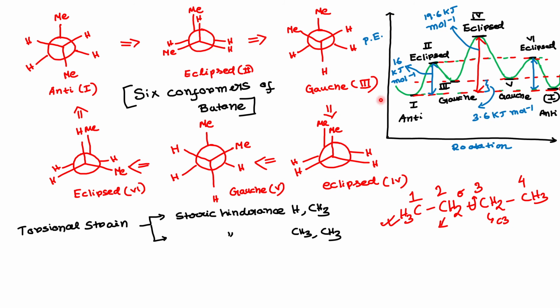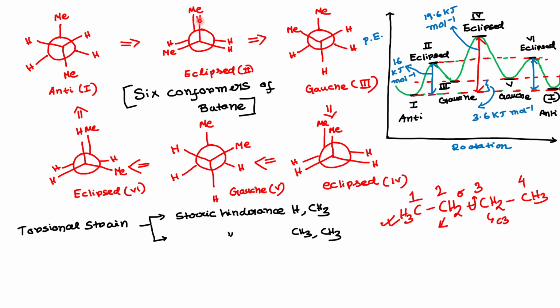So you can see this is the conformational analysis of the butane molecule due to the rotation around the C2-C3 sigma bond. On the x-axis, it is the rotation around the C2-C3 sigma bond, and on the y-axis, the potential energy. You can see that the anti conformer will have the lowest energy, because there is no torsional strain at all present in it.